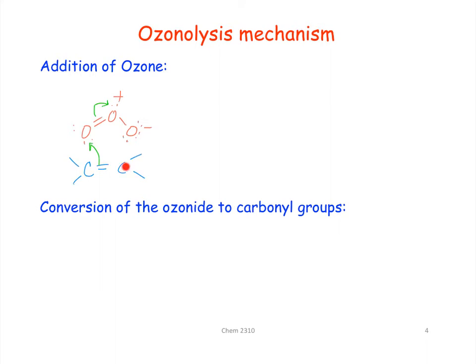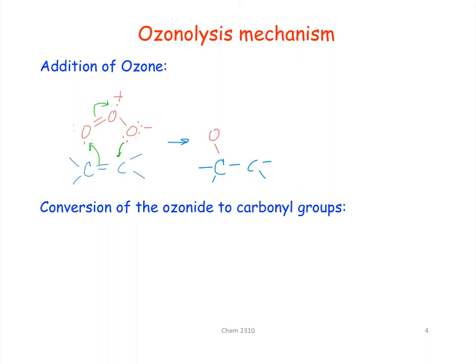So the electrons are going to move toward that plus. That's going to start building a plus charge here, but what can happen is that this oxygen with its minus charge can donate its electrons down like this. So if we do that, let's see what we get. We now have only a single bond between the two carbons.